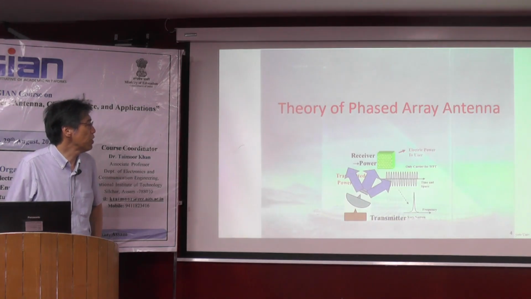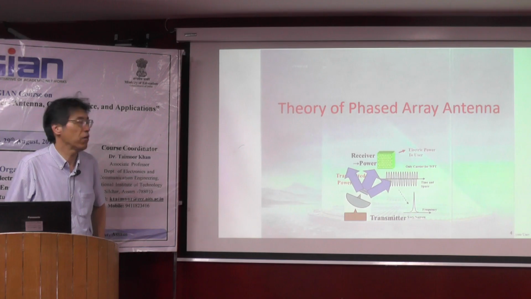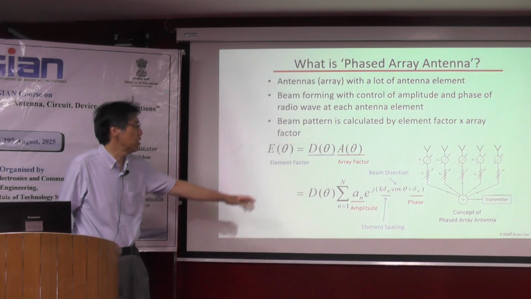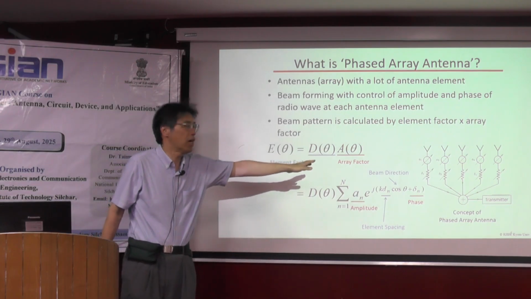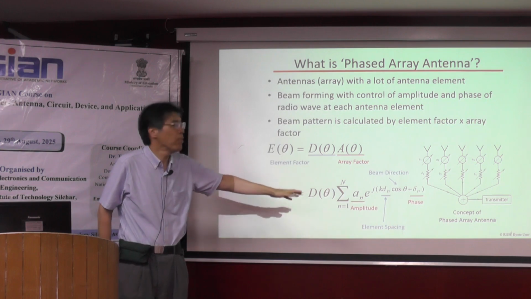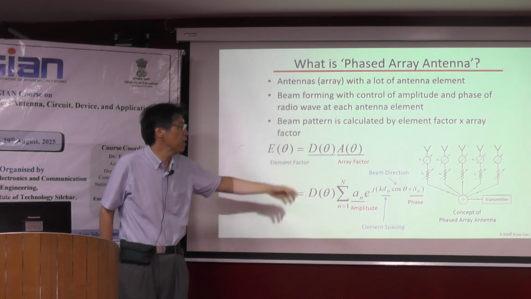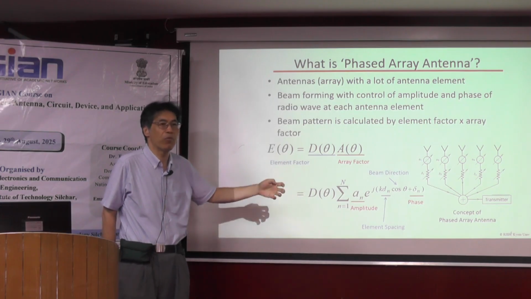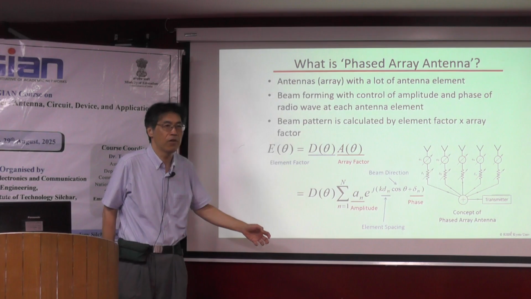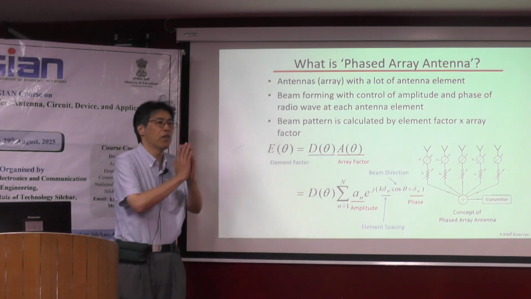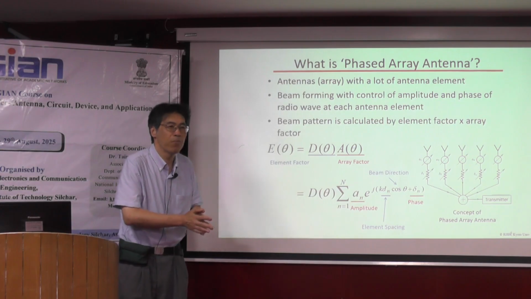And from here, briefly, I would like to introduce the theory of the phased array antenna. The phased array antenna is composed of the same antenna elements and a controlling circuit. Behind the antenna, we put the amplitude controller and the phase controller, named the phase shifter, etc. From each antenna, we can transmit radio waves, of course.